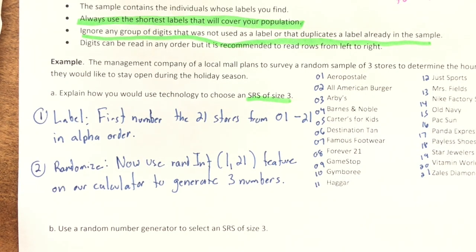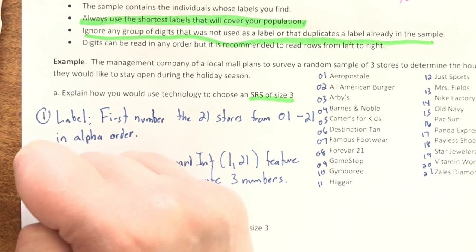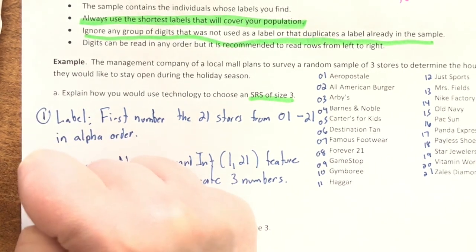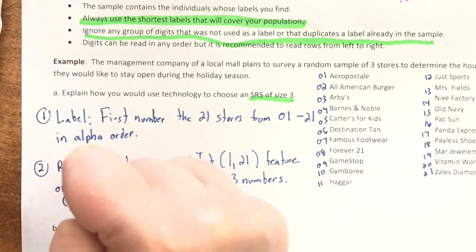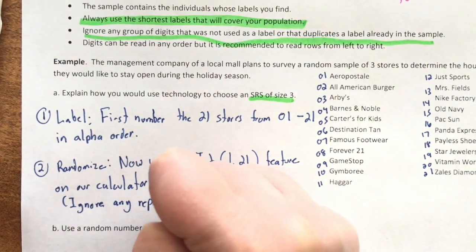And now this is the important part that we're going to talk about. If we see repeats, we're going to have to ignore them. You have to state this. If you don't, you will be marked down. You're going to ignore any repeated values.